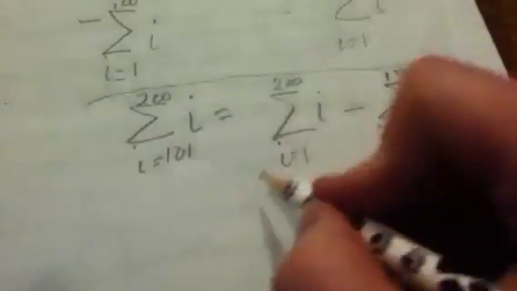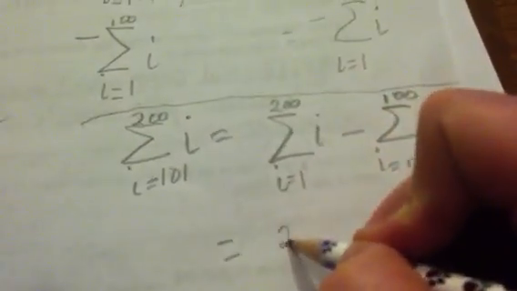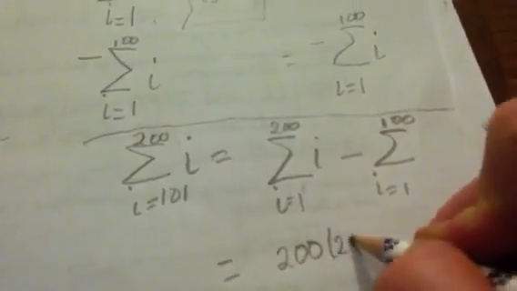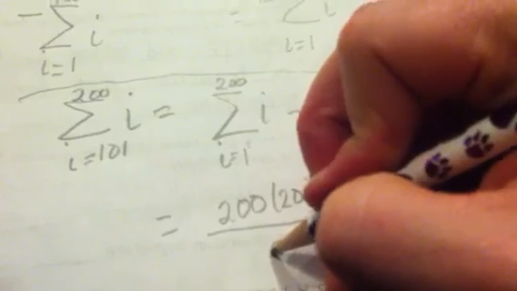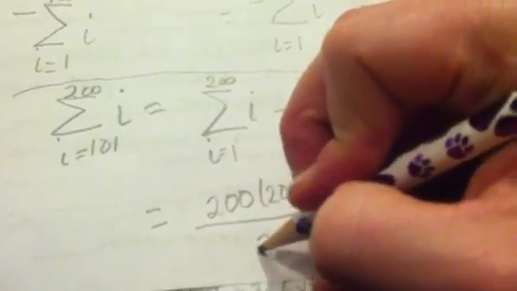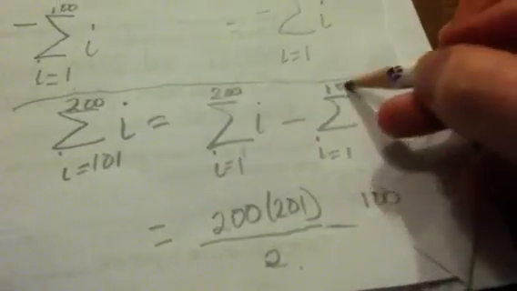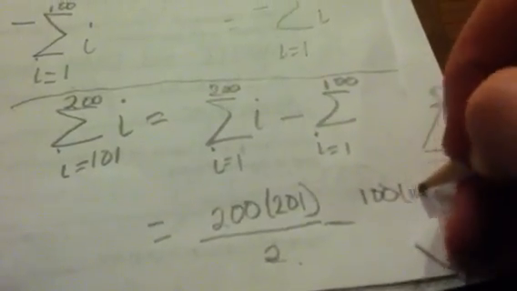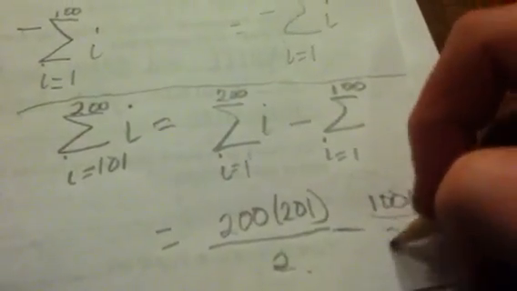So in this case, we're going to apply this formula where n is equal to 200 for the first term and n is equal to 100 for the second term. So this is equal to 200 times 201 divided by 2 minus 100, because that's what this n is, times 101 divided by 2.